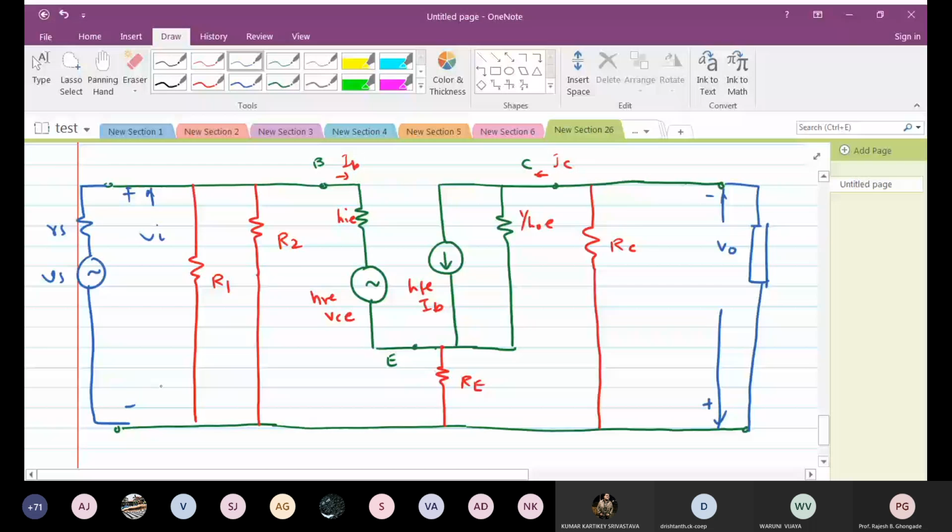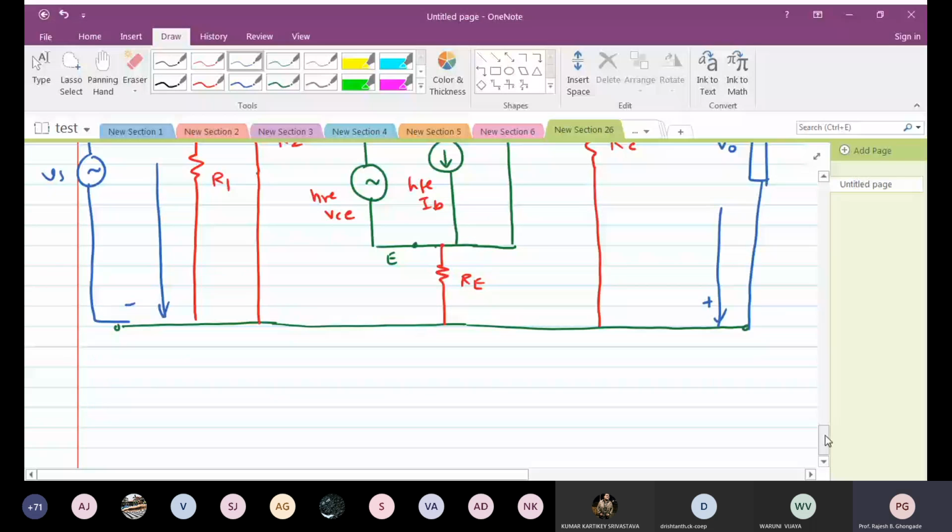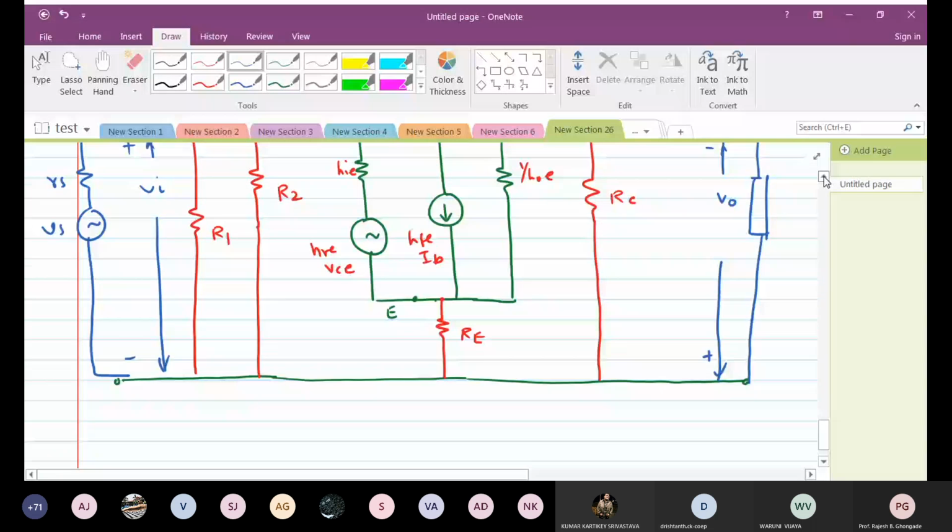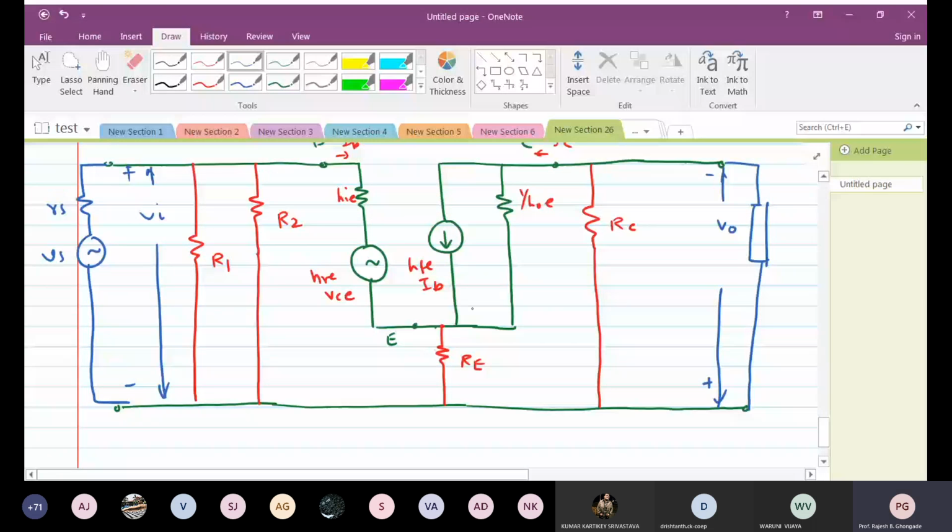So what is the change that we have here? Only this RE is connected here like this. And what is the value of IE? IE is nothing but IB plus IC. Remember this.